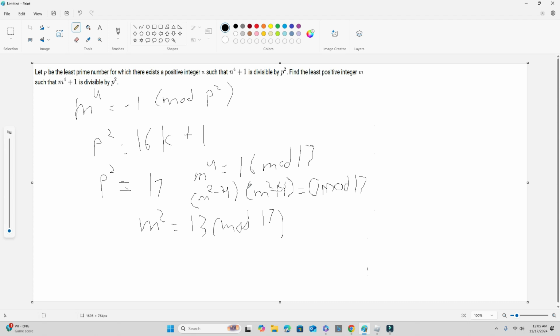Alright, next we can do a similar thing here. With m squared equaling 13 mod 17, we would have to search for all possible values in the m squared series. So 13 mod 17, that'd be 30, and then after that there'd be a 43, then a 56, then a 69, and then another number.